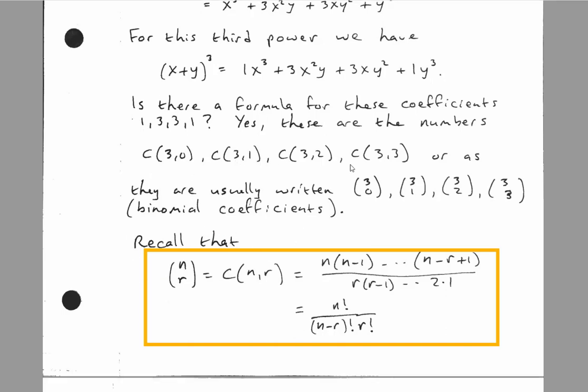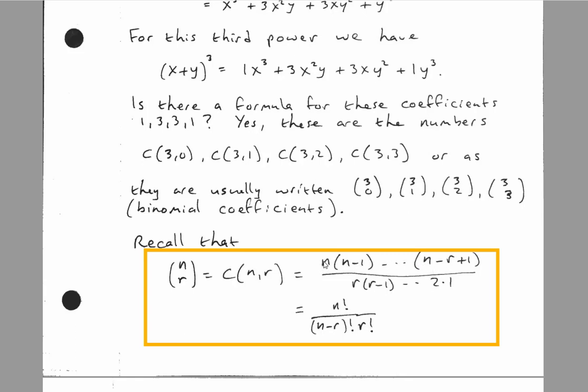And it's nice we have formulas for these combination numbers, these binomial coefficients. The way to read this is n choose r. So n choose r is equal to n times n minus 1 dot dot dot.